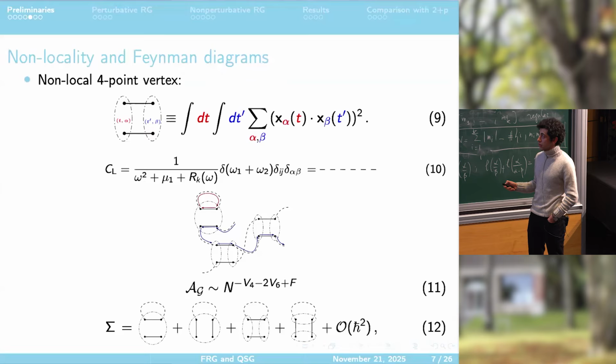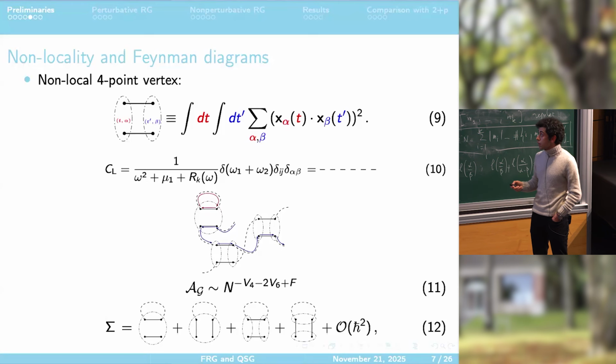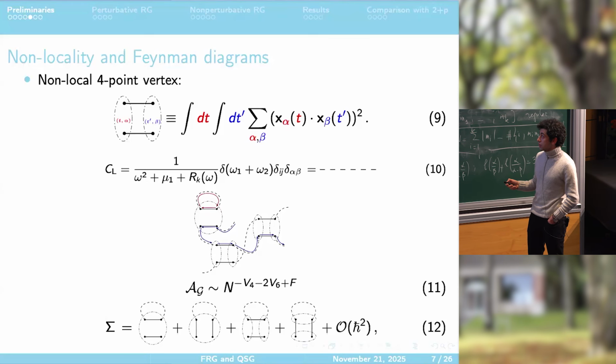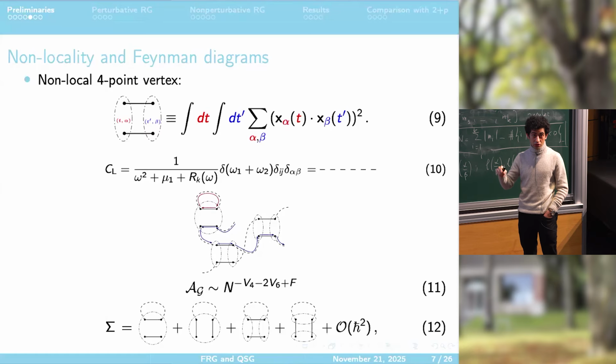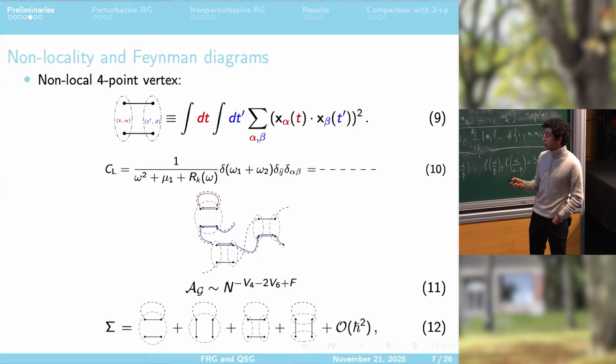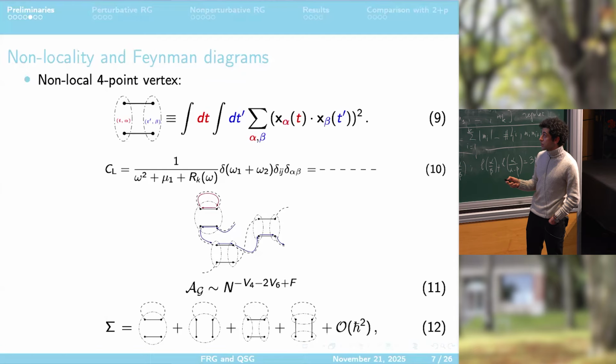We don't have any sextic vertex in this example, but if we had, it would be minus 2, so it gives a factor of 1 over n squared. And then there is this f, which means the number of closed faces. If we have something like this red loop that you can see here, we call it a face if we have a solid and a dotted line that make a loop. If it's a loop, it gives a factor of n, and if it doesn't make a loop, like this blue one, it doesn't give any factor of n.